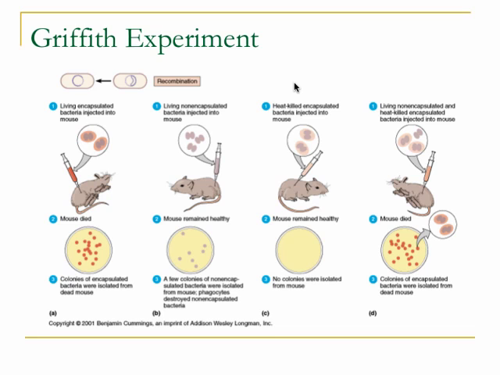And then finally, he did a very interesting twist to the experiment. He combined both agents that didn't cause disease. So the unencapsulated live strain of bacteria, of Streptococcus, with the dead but virulent form of Streptococcus. And he got disease.